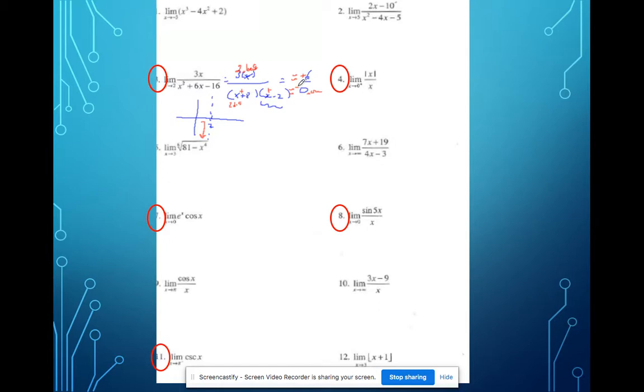Positive times a positive is a positive number, really close to 0. But positive 6 divided by a positive number really, really close to 0 is going to swoosh up. So this overall limit does not exist, right? Because my range walkers are going down on the left and going up on the right. They do not meet.